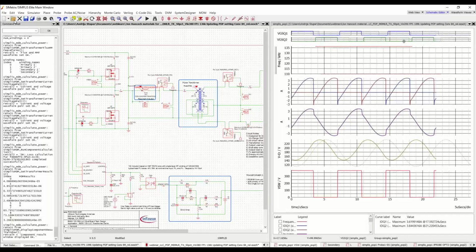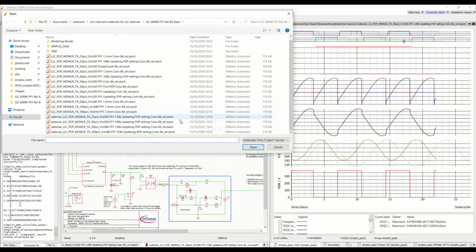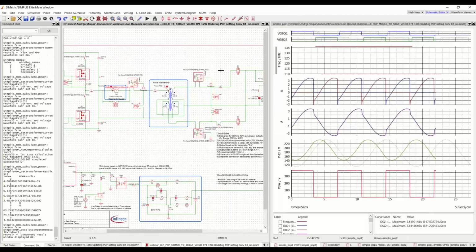So finally, let's look at the full load, because that's where we were missing that efficiency target. And let's see what happens here.